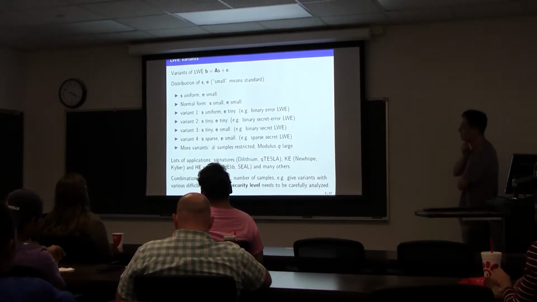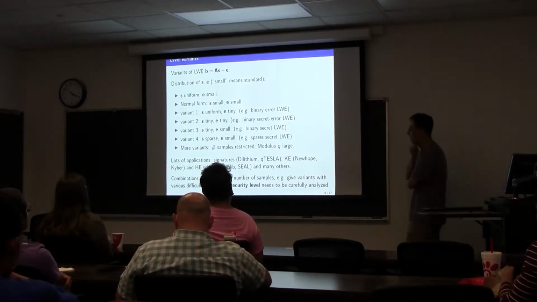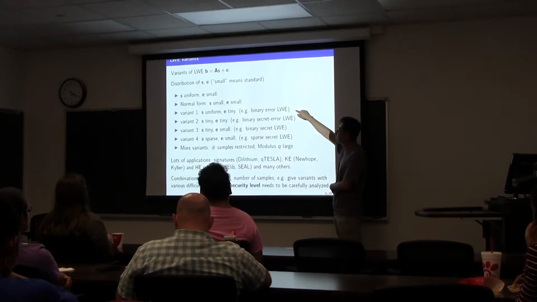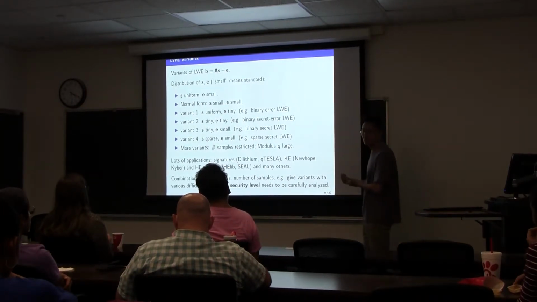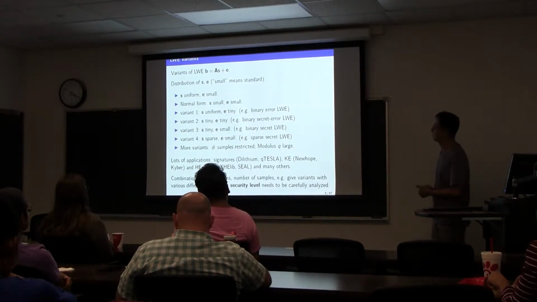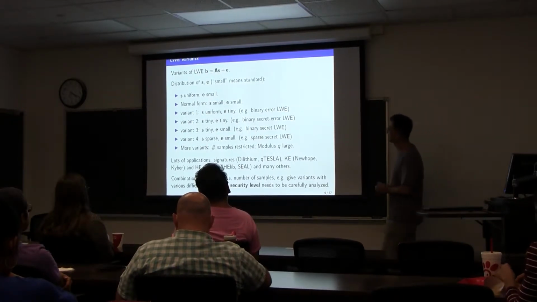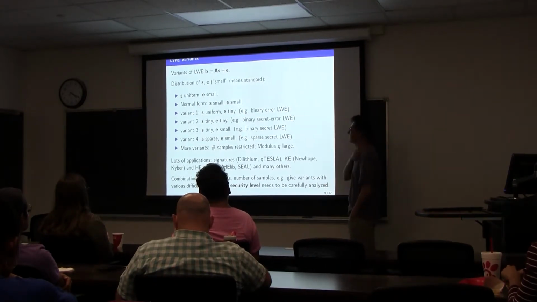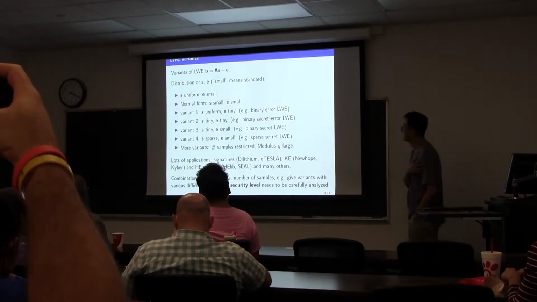People are interested in this variant because the binary error helps us reduce the error propagation when we are doing homomorphic encryption or arithmetic. So people use variant 1 in homomorphic encryption. That's why people are interested in looking at its security.